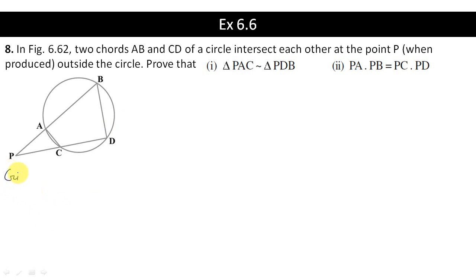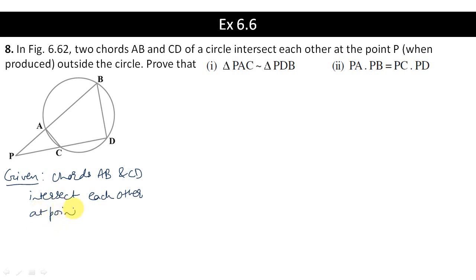We are given that chords AB and CD intersect each other at point P outside the circle.